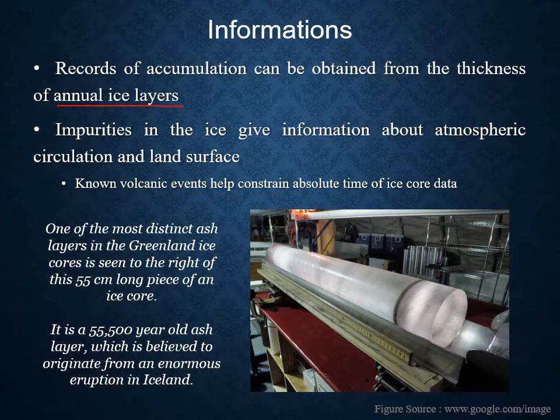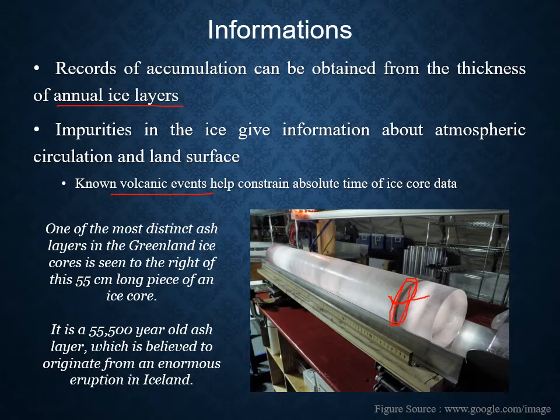So definitely during that time, a massive volcanic event happened, and due to that, the ash layers, as you can see in this dark color, which is distinctly different from other kinds of bandings, are formed and preserved within the ice cores.